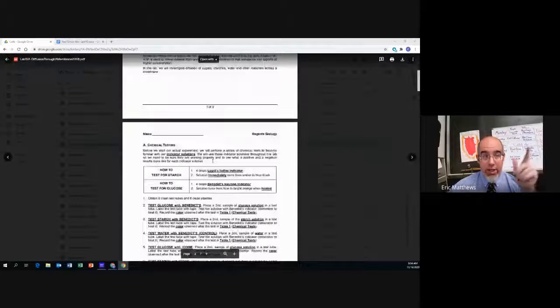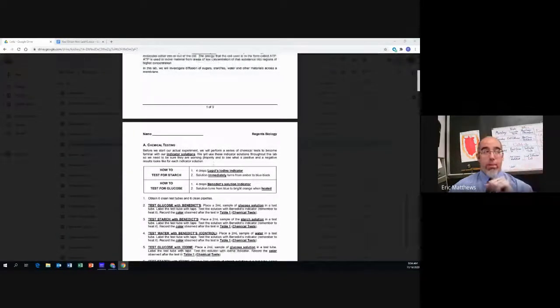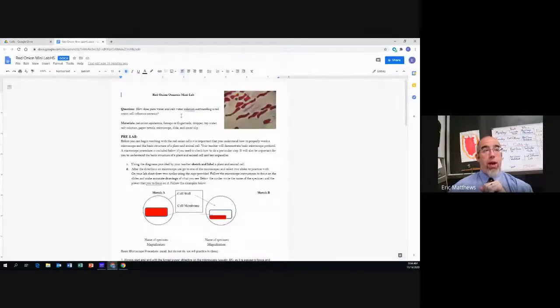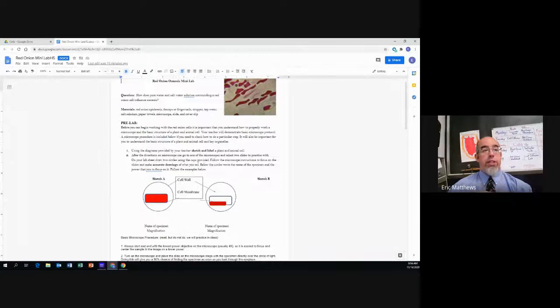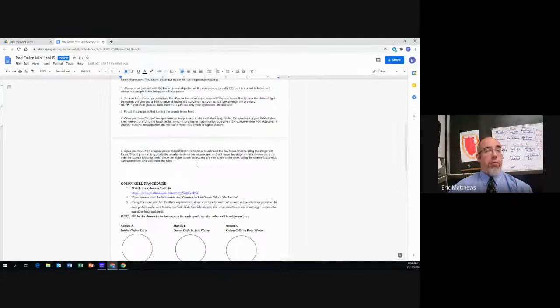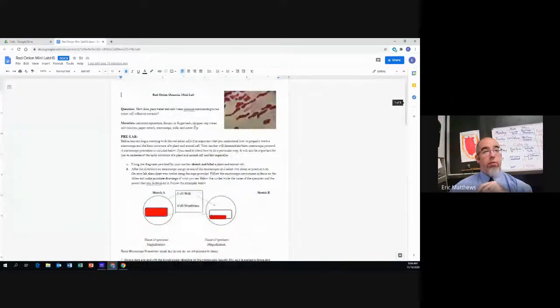When you're here in person, this is what you're going to be doing. The other one is going to be our red onion plasmolysis mini lab, which you can see right here. It normally fit on one page, but well, you know, formatting is a thing. So anyway, those are going to be the primary 2 files.